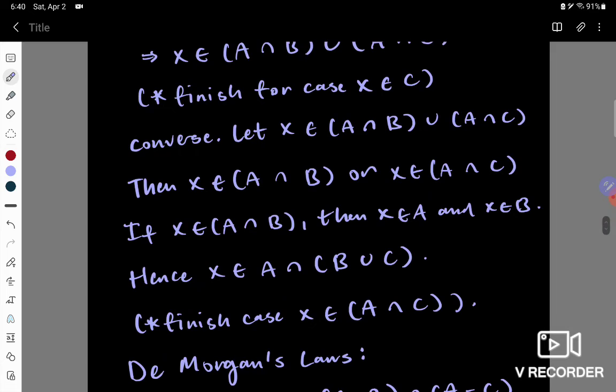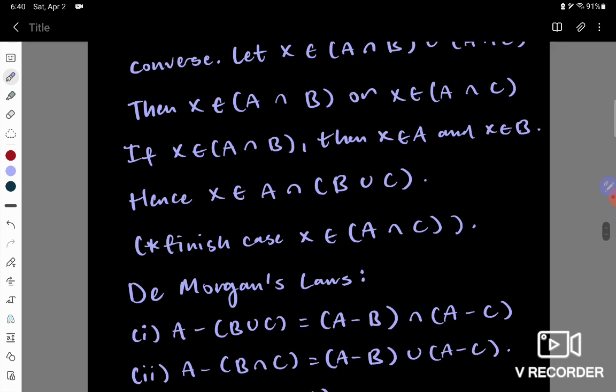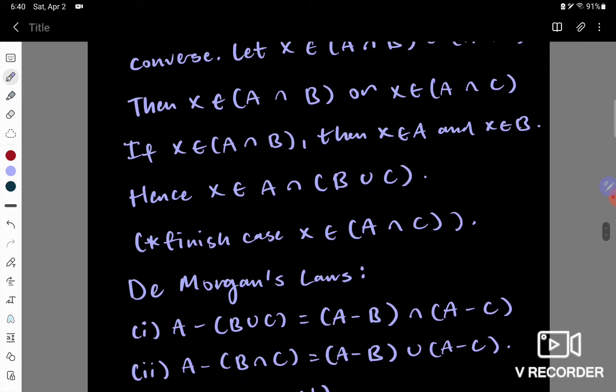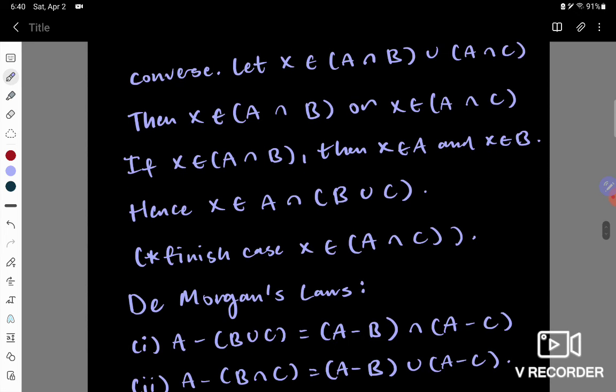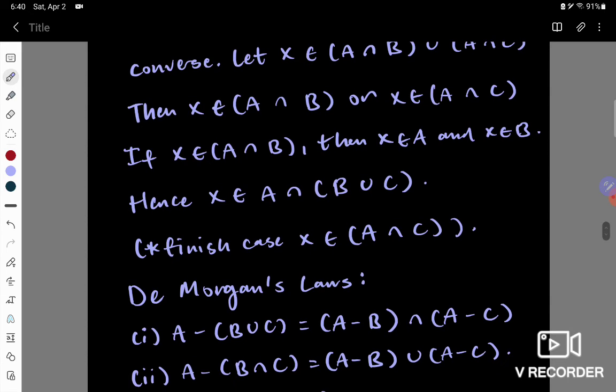Then there are two more laws known as De Morgan's laws, which are very important, and they have to do with how unions and intersections interact with the difference operator. And they look somewhat complicated as well at first, but you can verbalize them as follows. For the first one, you can say, the complement of the union is the intersection of the complements.